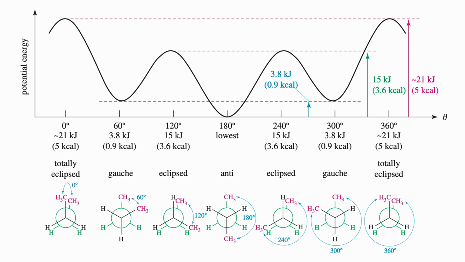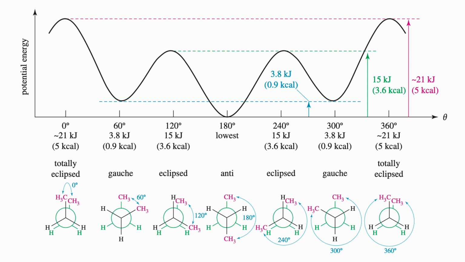And those gauche conformations are very stable. They are substantially more stable than the eclipsed conformation. You notice those valleys on this graph are pretty close to the lowest valley there at 180, just 0.9 kilocals higher.